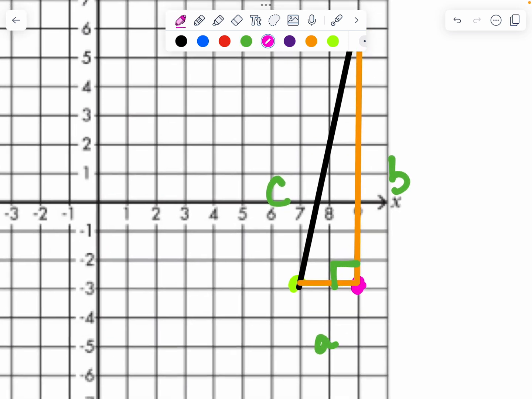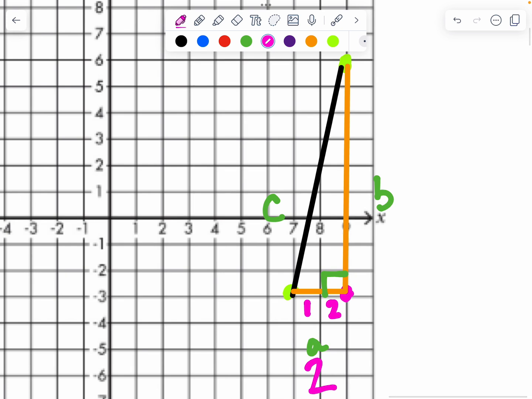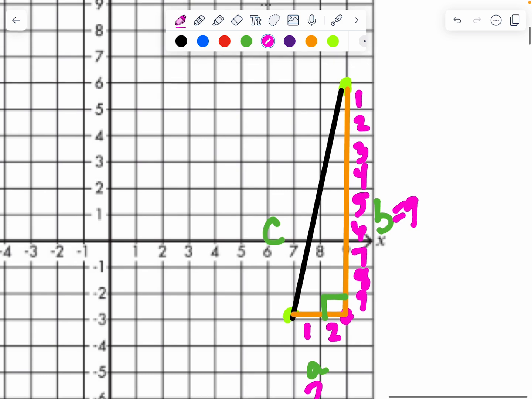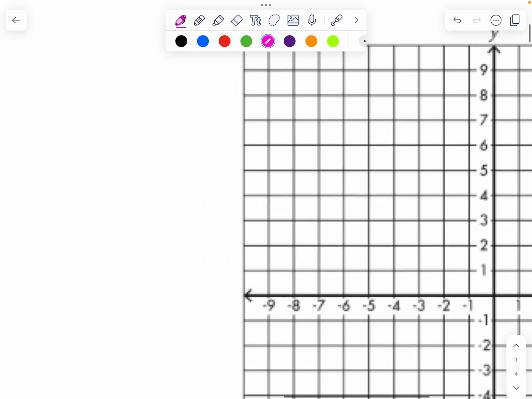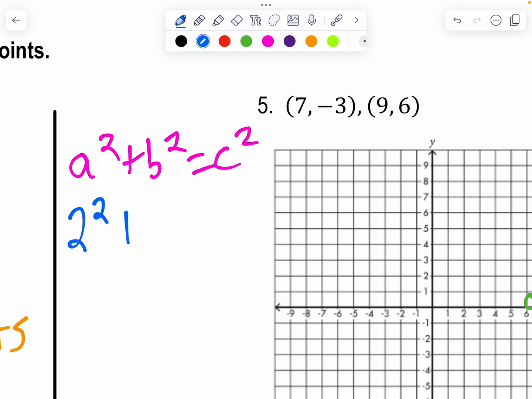I'm going to count my A boxes, 1, 2. I'm going to count my B boxes, 1, 2, 3, 4, 5, 6, 7, 8, 9. So then I do A squared plus B squared equals C squared. So I have A squared is 2, B squared is 9, equals C squared.